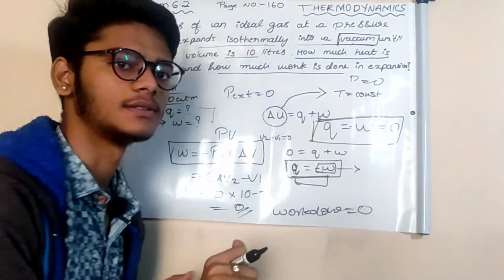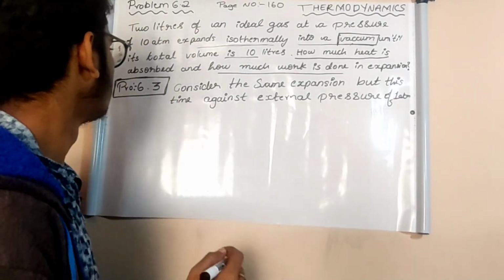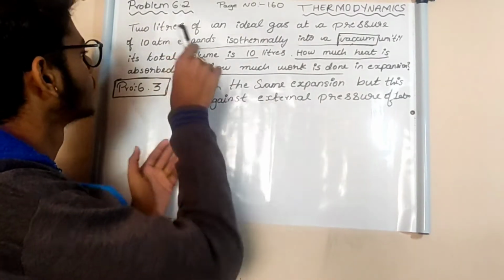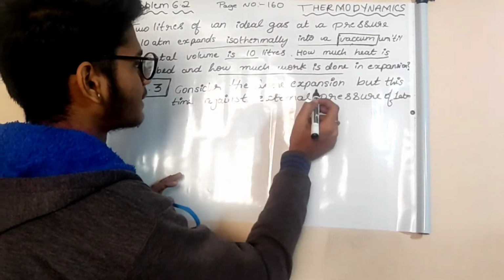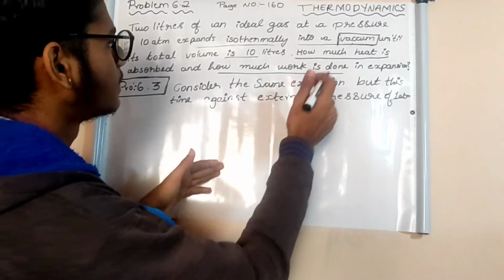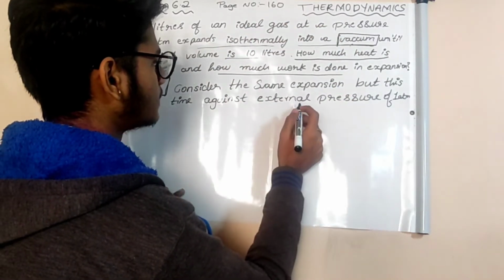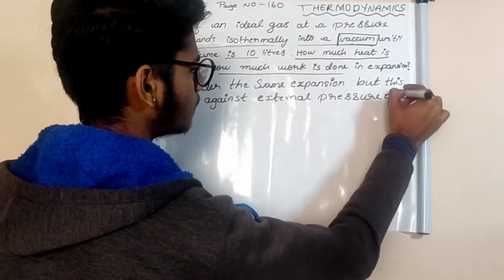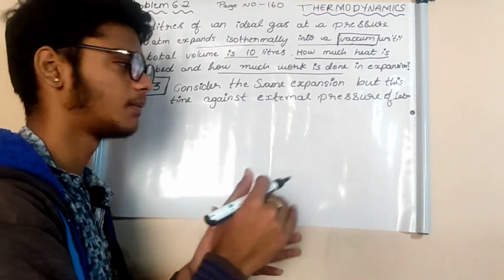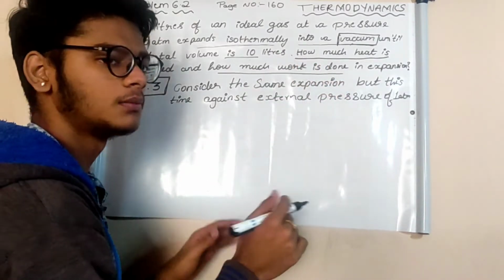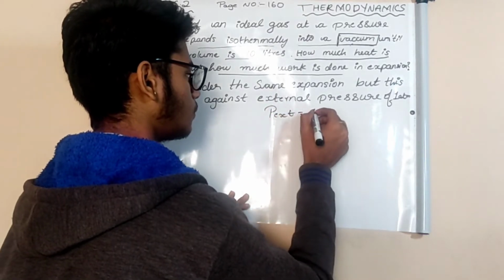This is the answer. So next see 6.3, that is part of 6.2. So see the question. Consider the same expansion, but this time against an external pressure of 1 atm. Here they have given external pressure as 1 atm. There it was vacuum, but in 6.3 external pressure is equal to 1 atm.